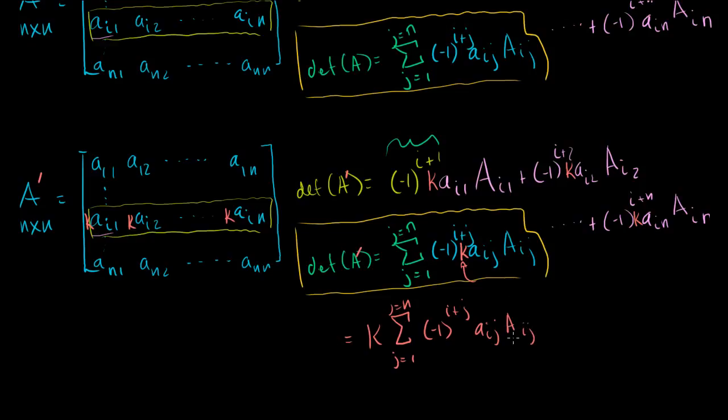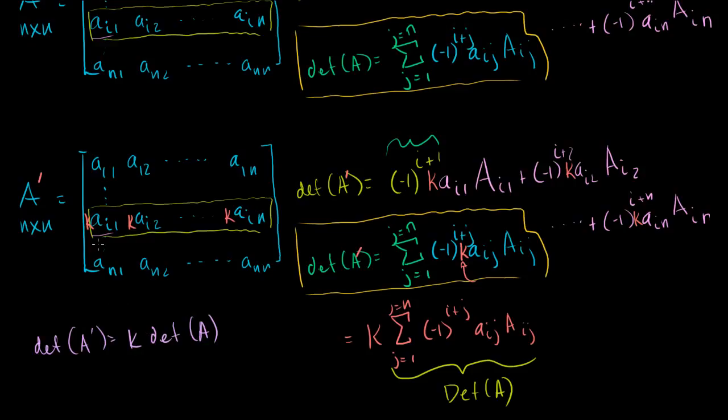That's a matrix right there, an n minus 1 by n minus 1 matrix. And then, you immediately recognize, I think you saw where this was going. This right here is just the determinant of A. So we get the result that the determinant of A prime is equal to k times the determinant of A.